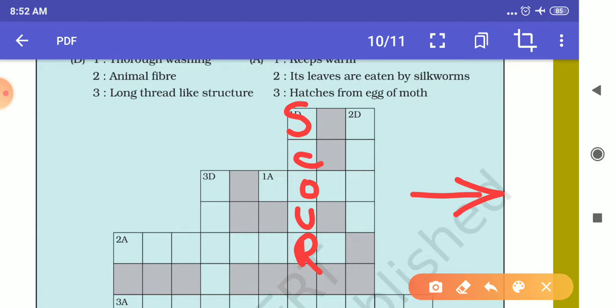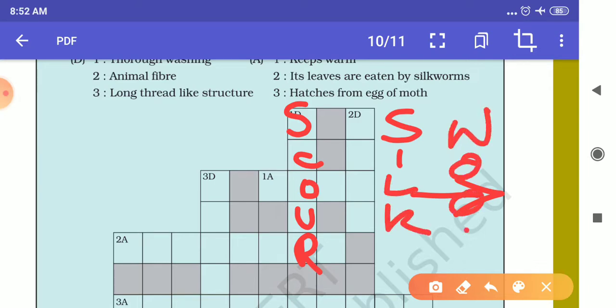We can go for wool also, we can go for silk also. S I L K and W double O L, wool.